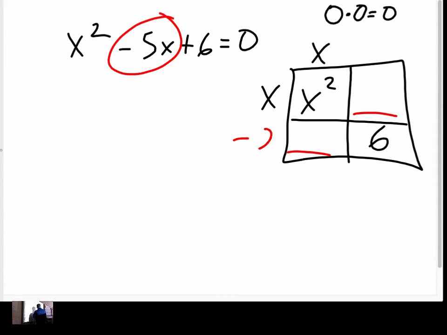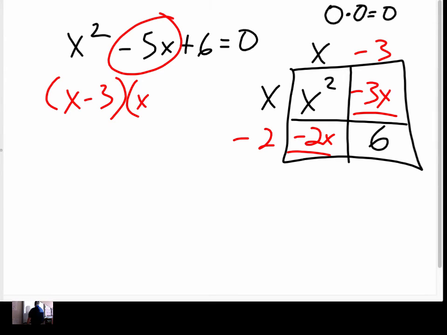So we would say negative 2 and negative 3. That gives me negative 3x and negative 2x when I multiply it out. So this factors into x minus 3 times x minus 2 equals 0. Then we set these equal to 0, we already did this, and that's our solution.